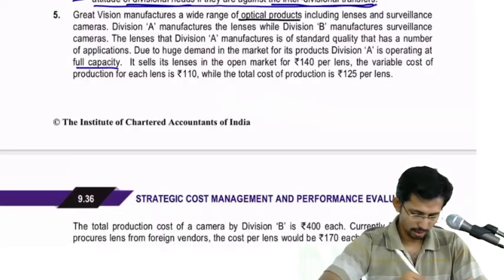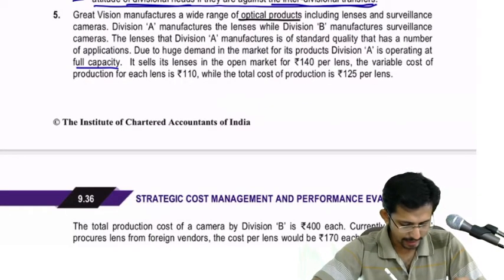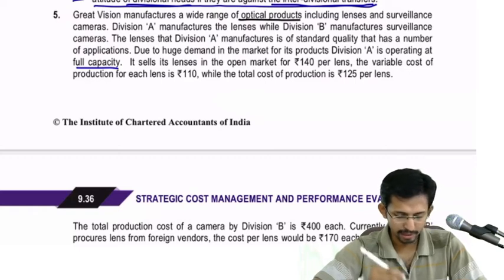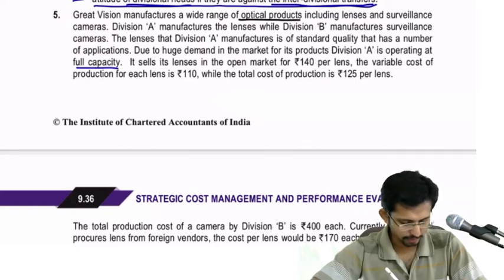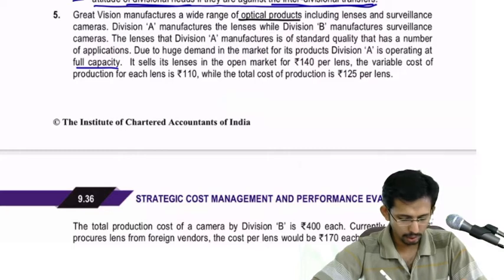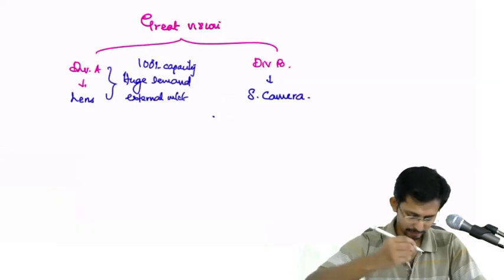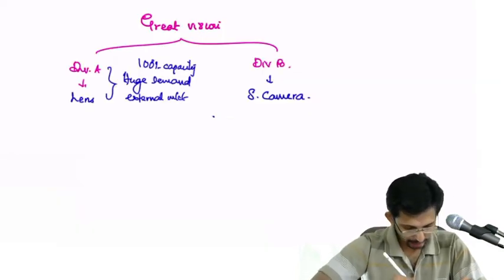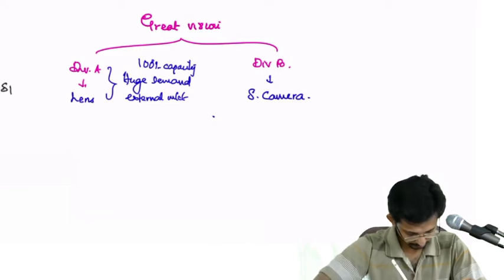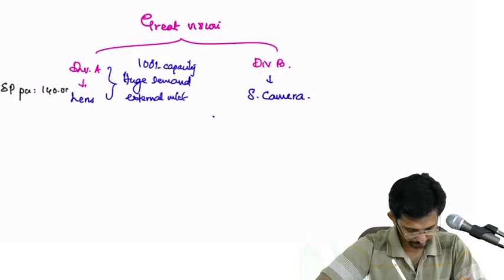Now going further, it sells its lenses in the open market for rupees 140 per lens. The variable cost of production for each lens is 110, while the total cost of production is 125 per lens. So the selling price per unit is rupees 140.